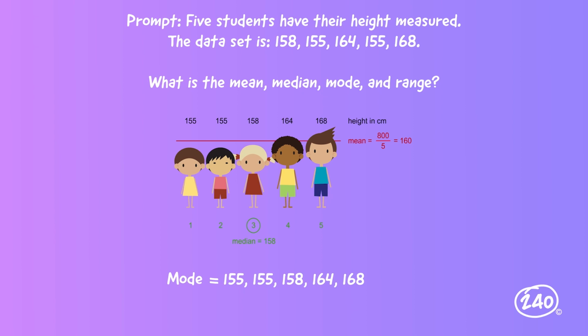Since the value 155 appears twice, that is our mode. Finally, the range, that is the largest value minus the smallest value. So 168 minus 155, you got it. Our range is 13.